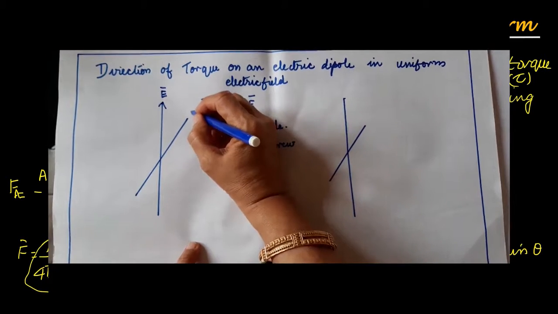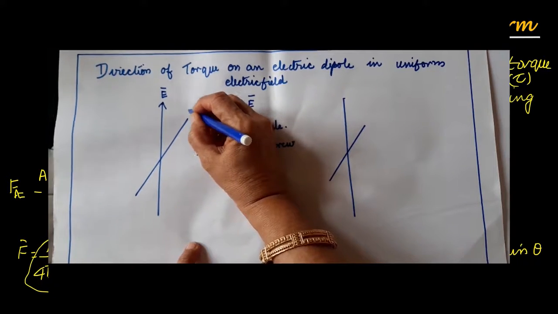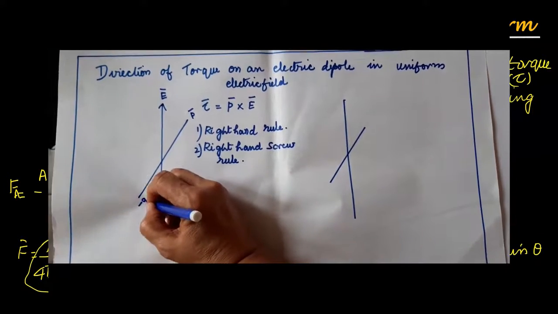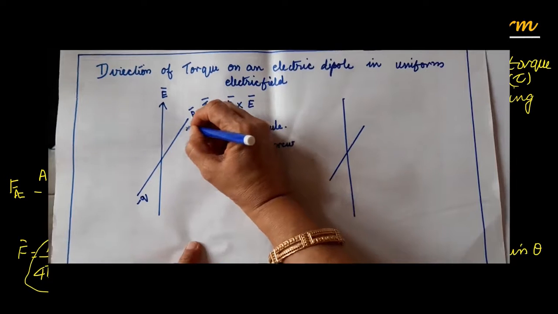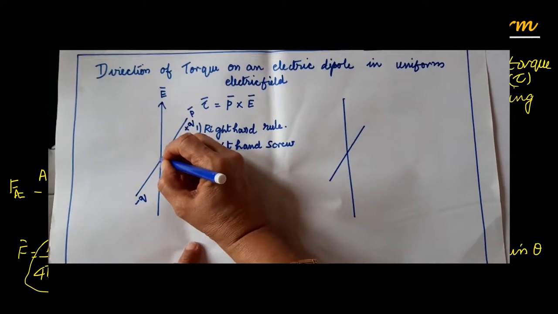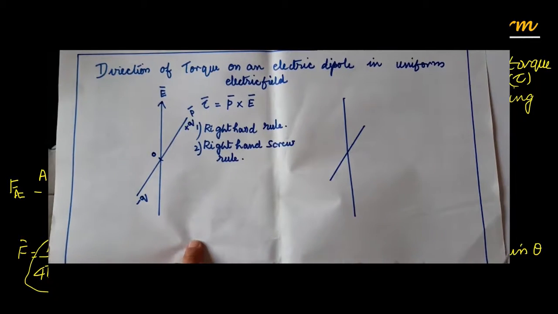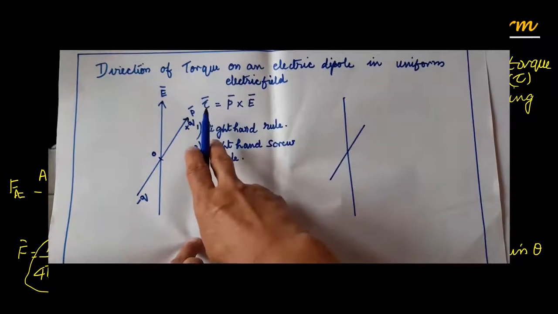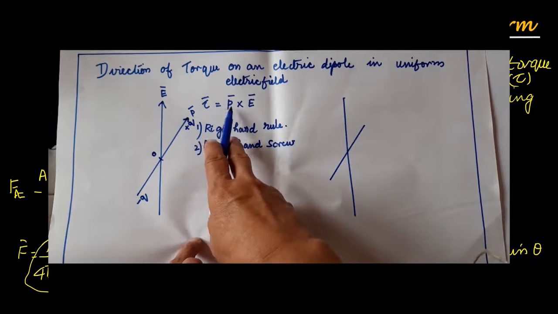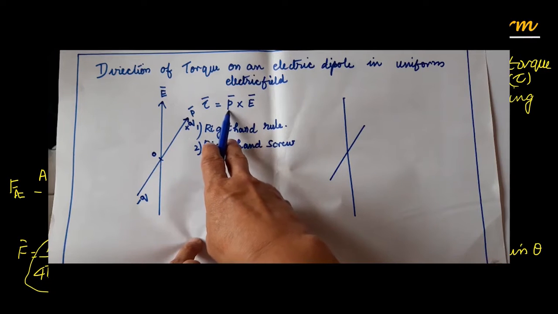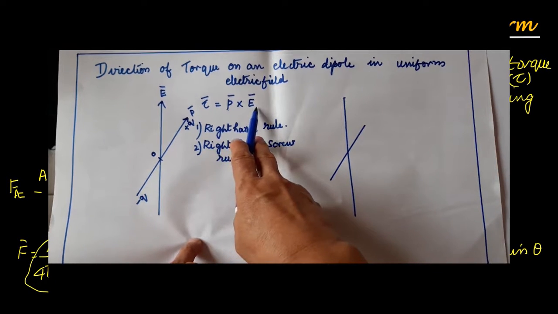This is the direction of the dipole moment P. Negative Q is at this end and positive Q is at this end. This is the midpoint of the electric dipole marked O. Torque is a vector and it is a cross product of dipole moment and electric field.